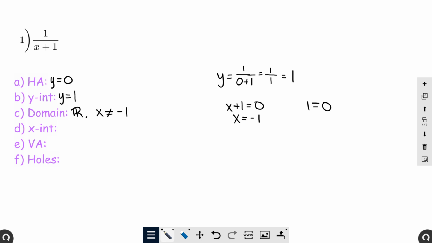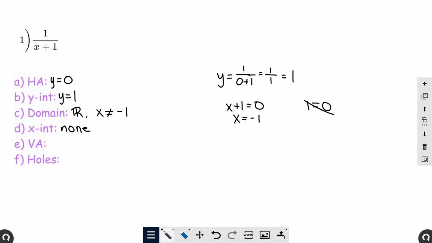So are there any x-intercepts? No, so we say none. So if you get a problem you can't solve for x, just say none. Yeah, so in the numerator is only 1, right? When I set 1 equal to 0, does 1 equal 0? Can I solve that for x? No, because there's no x in it. None.